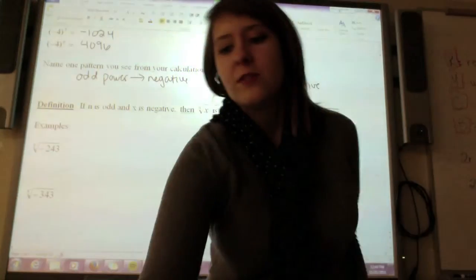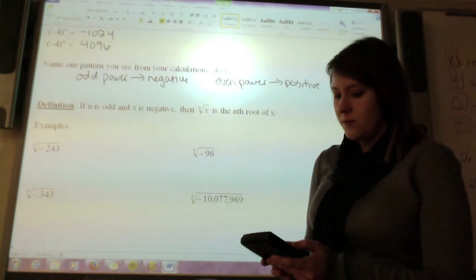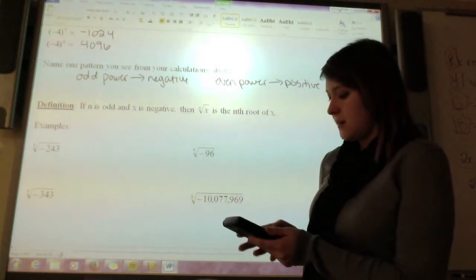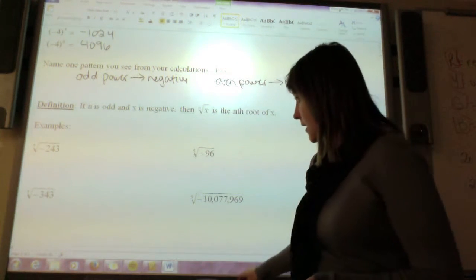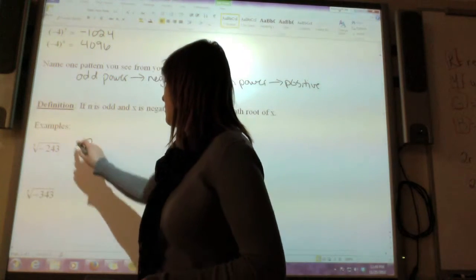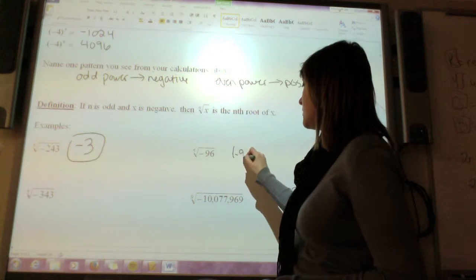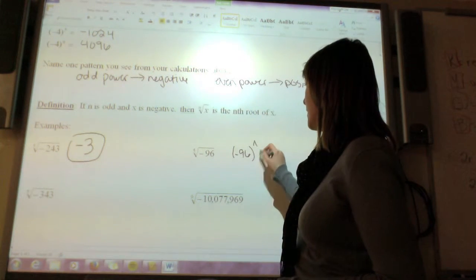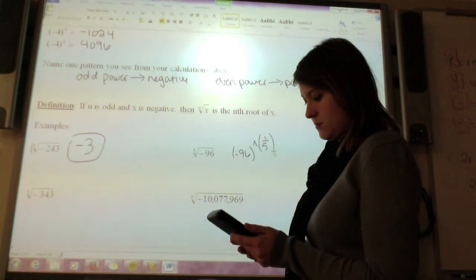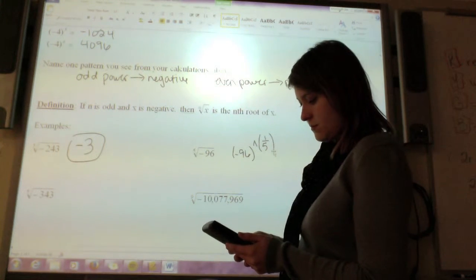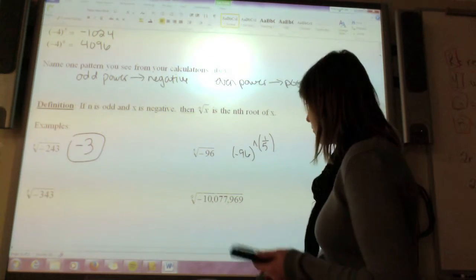So if I want to find the fifth root of negative 243, in my calculator I can type in negative 243 in parentheses and take that to the 1/5 power in parentheses, and I get negative 3. Okay, over here in my calculator, in parentheses, I'm going to type in negative 96 to the 1/5, make sure that's in parentheses too, and I get negative 2.49.